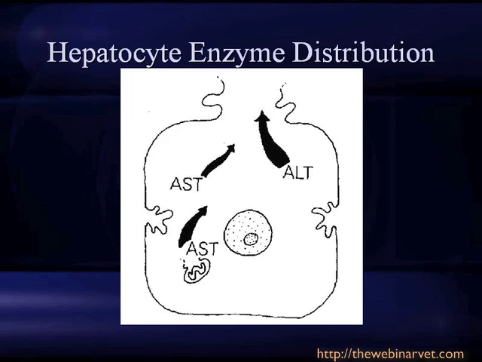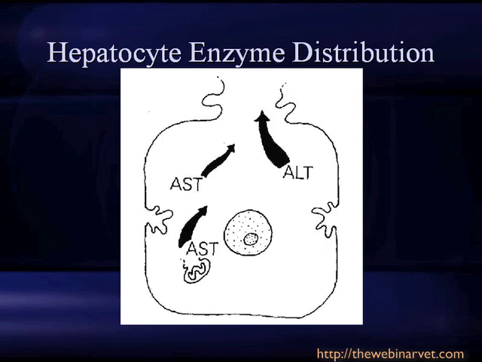One would be AST, and that's an enzyme which is distributed in rather less quantity in the cytoplasm within hepatocytes, but it's also associated with organelles within the hepatocytes, and specifically mitochondria. So when we see AST going up, it's reasonable to infer not only that the cell is damaged or leaking, but also that the organelles within the cell are damaged. In other words, it's a marker of more severe damage to the cell than just a cytosolic enzyme, an enzyme from the cytoplasm that can just leak out.